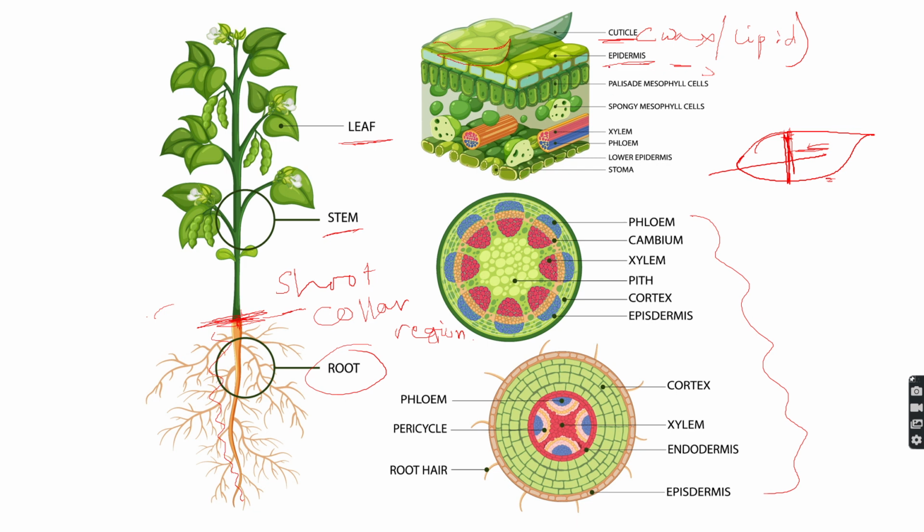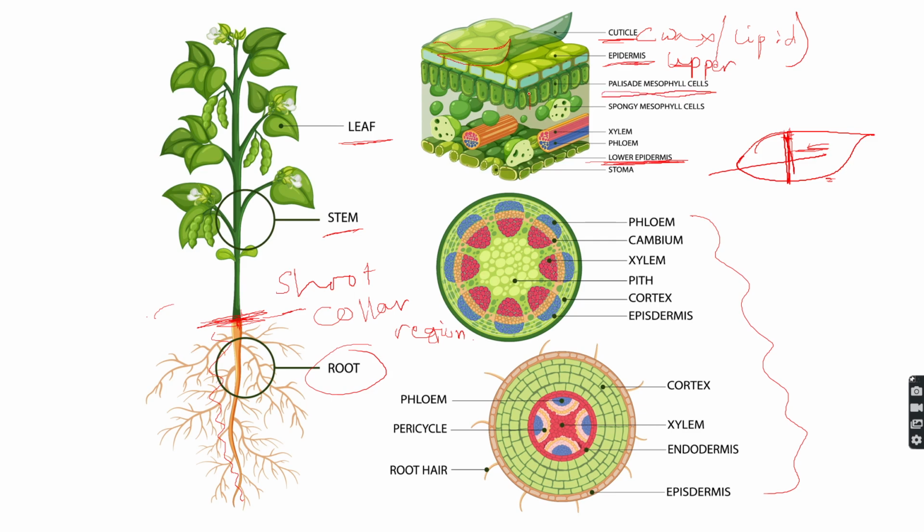So there are two types of epidermis. This is the upper epidermis, and here you can see another epidermis, the lower epidermis, that is, the lower side or the back side of the leaf has the lower epidermis. Under epidermis there are palisade mesophyll cells.